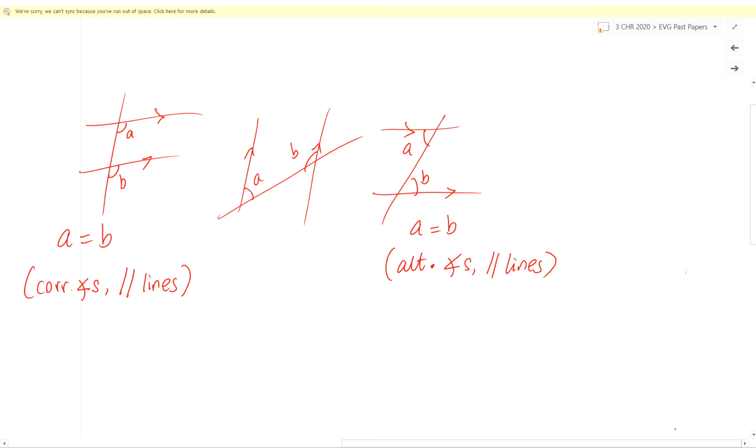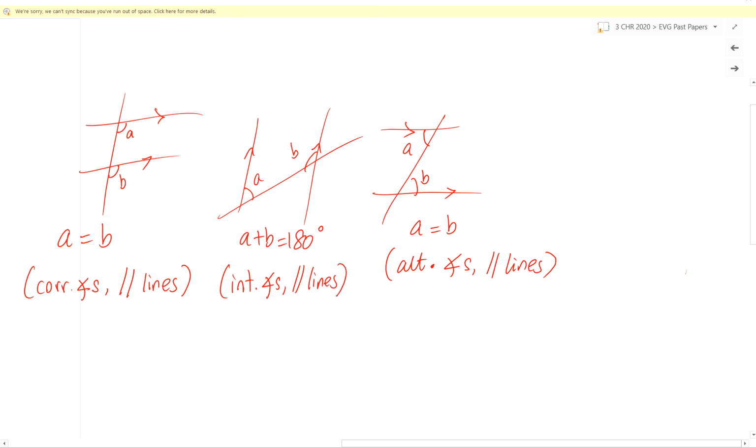Then what is the relationship? Well, what about 180? You mean this is 180, this is 180? Okay, they add up to be 180. A plus B is 180 degrees. We say that they are interior angles, parallel lines. They are on the inside.